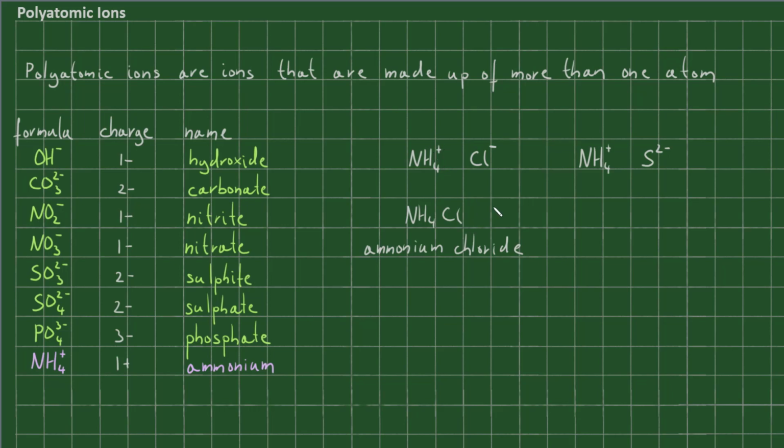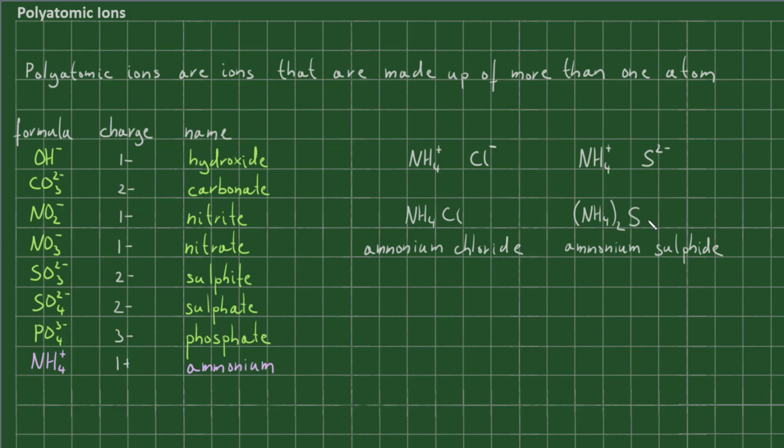In the next instance, I'm combining ammonium with sulfide. That will give me ammonium sulfide. The formula will be (NH4)2S, because the charge of the sulfide anion is 2-.